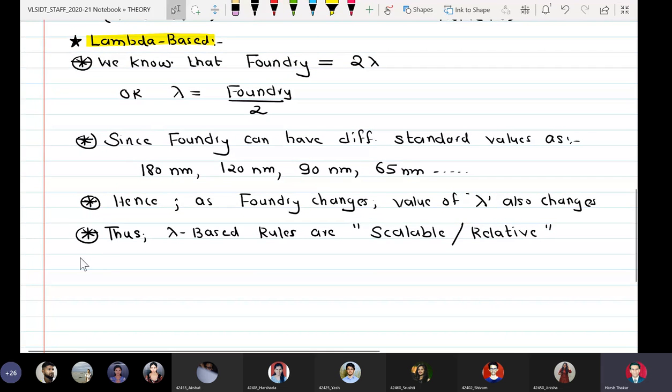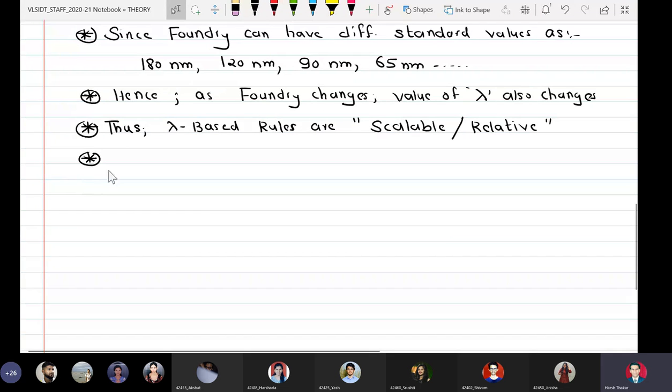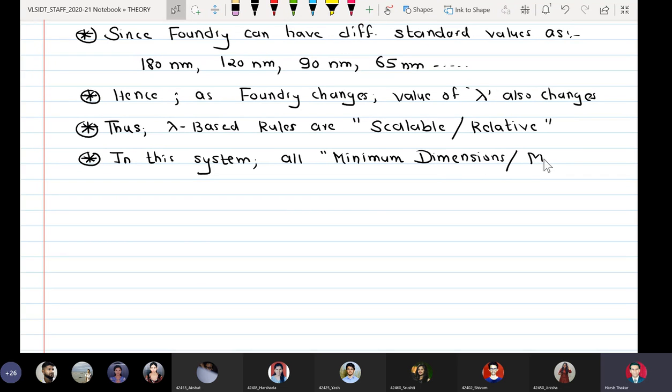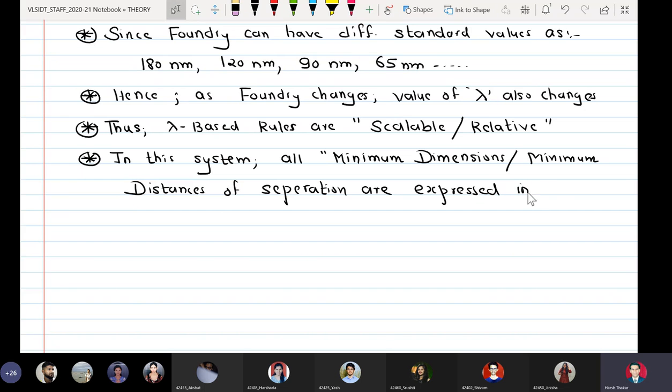Okay, and last point about this is that in lambda based system, all minimum dimensions or minimum distances of separation are expressed in terms of multiples of lambda.